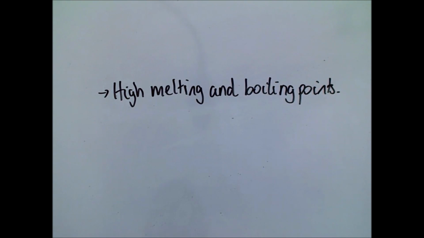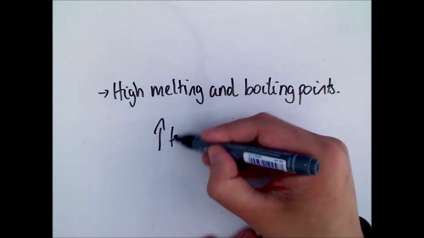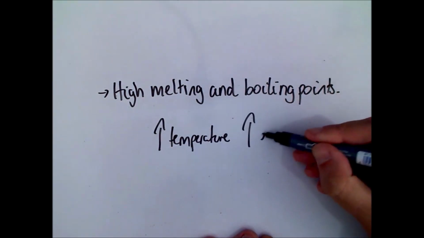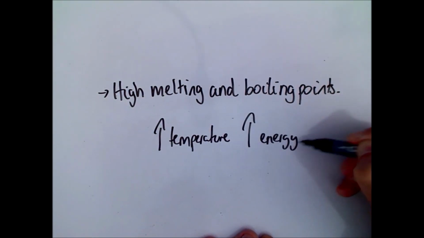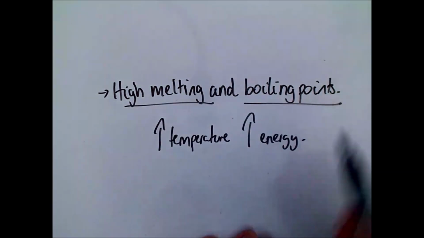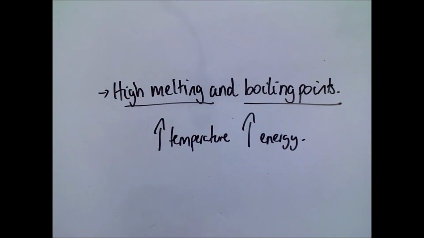So we need really high temperatures. So that means lots of energy to pull them apart. Okay, and that's not just for salt, that's all ionic compounds. They have high melting points and high boiling points because of that energy.